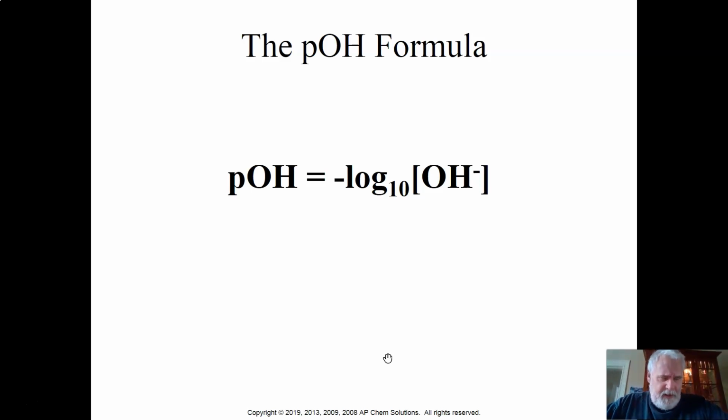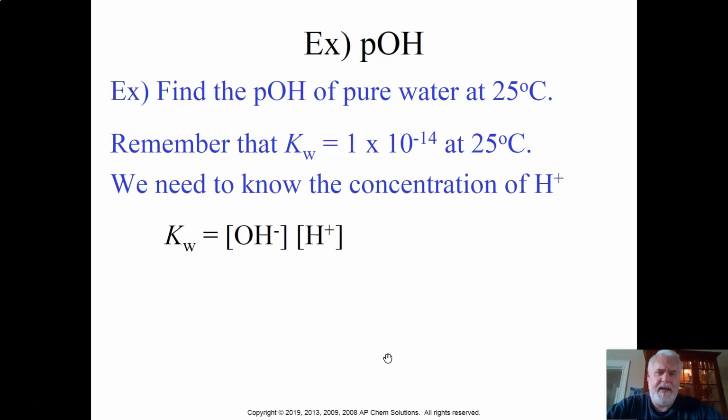So if there's a pH, is there something called a pOH? You better believe it, because that's the opposite. Auto-ionization made OH- ions too, so we can do the negative log base 10 of the hydroxide ion concentration and figure out the pOH.